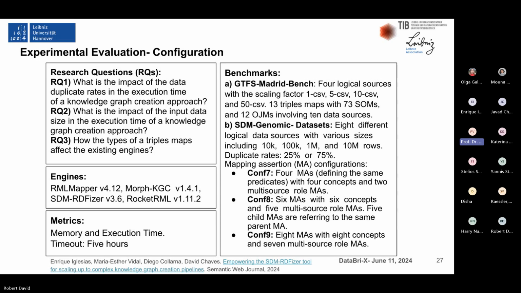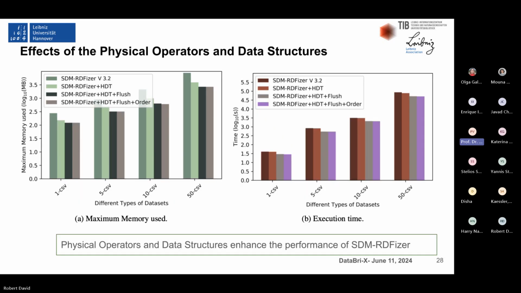So if we go next, you will see that until now I have shown several features that the SDM-Genomic presents. And over time, we have developed the data structures, the operators, and so on.